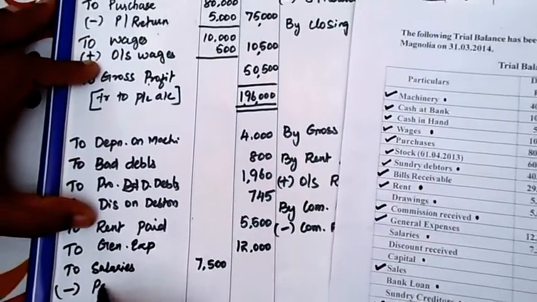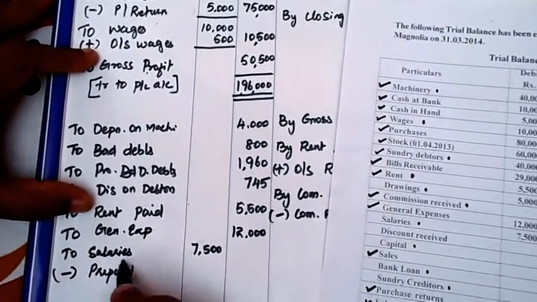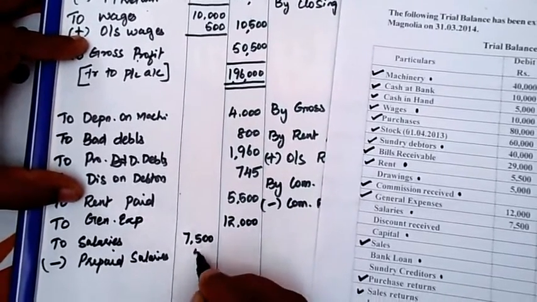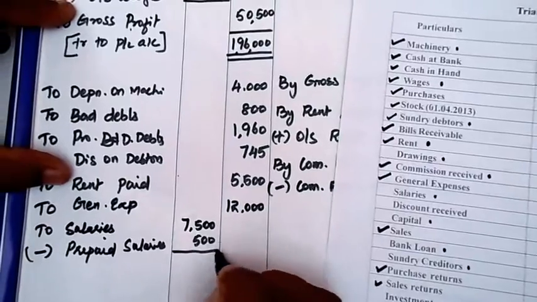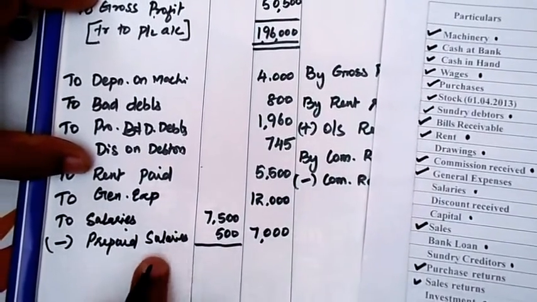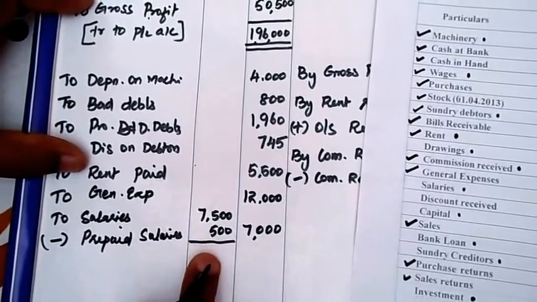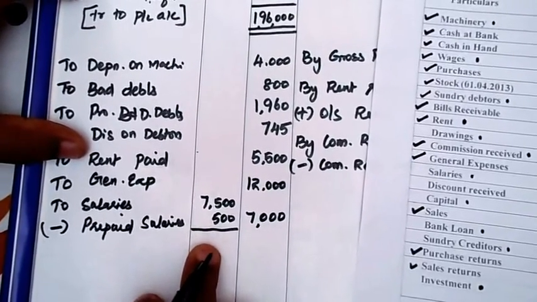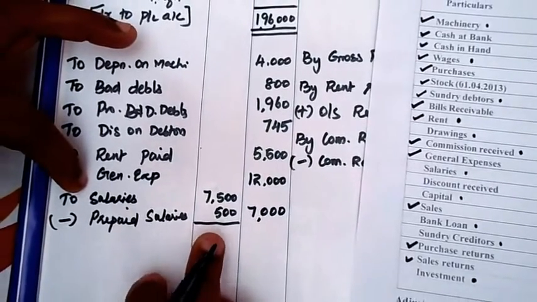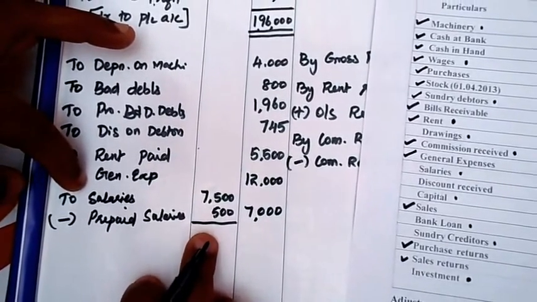Minus prepaid salaries. How much? 500. Subtract. What is the balance? 7,000. Enter outer column. What is the impact? When you subtract prepaid salary, does it decrease or increase? It decreases the debit balance. So you need to enter the same amount under which side?